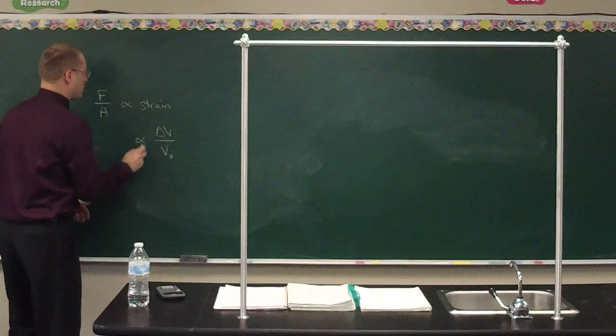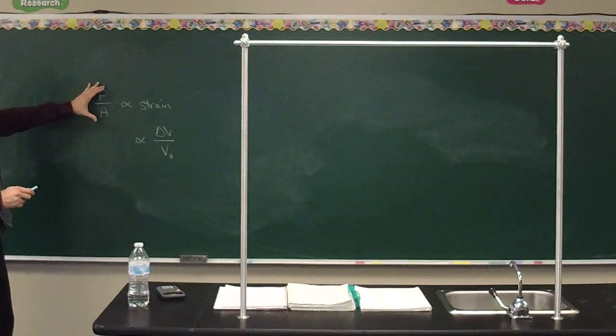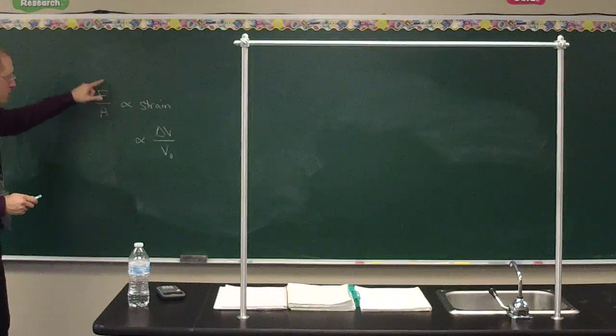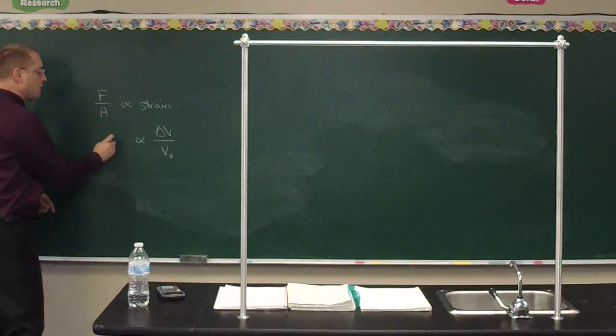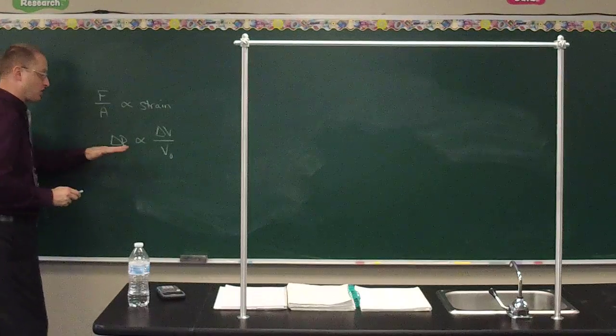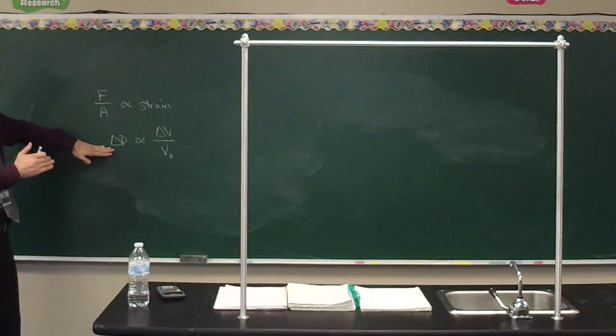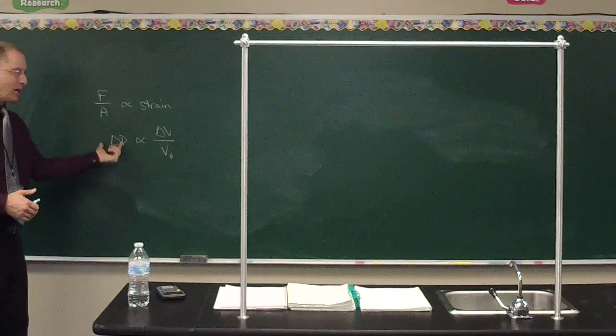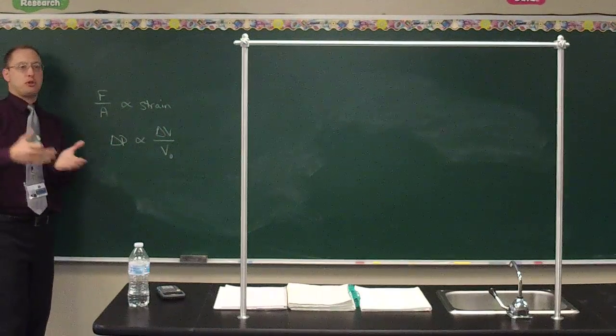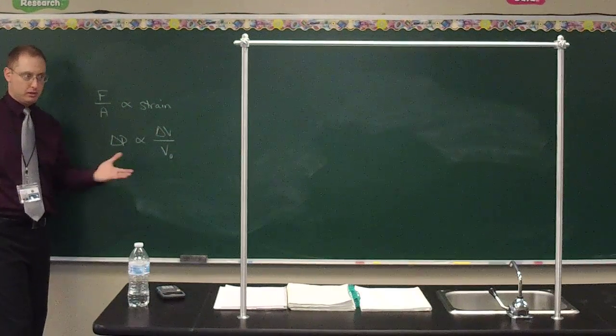And that's proportional to force per unit area. But force per unit area is pressure. Deformative pressure, we call it stress, but really we could say that the pressure of the liquid is proportional to strain. But think about what pressure is for a liquid. Go back to chapter 3 now, the law of liquid pressure.